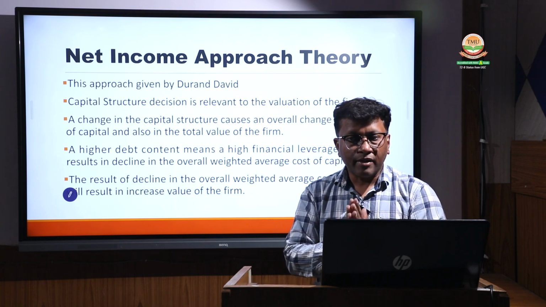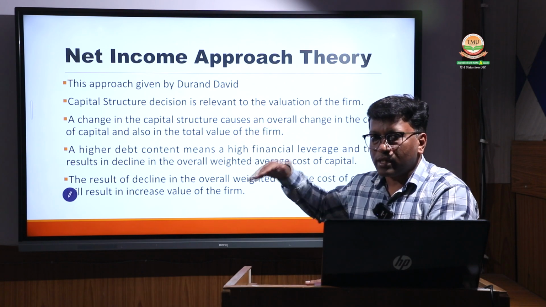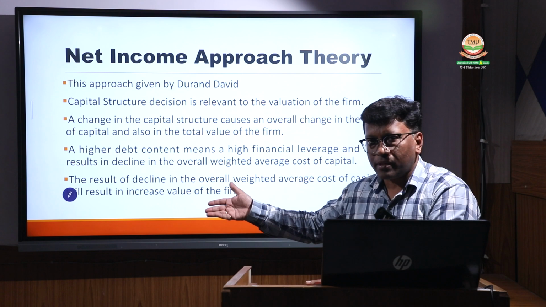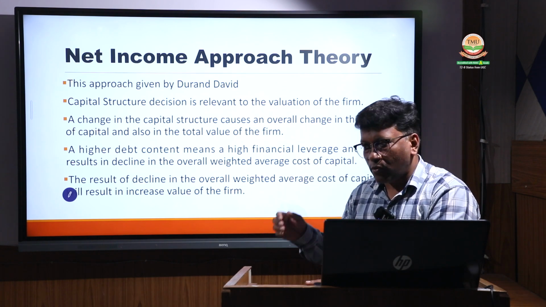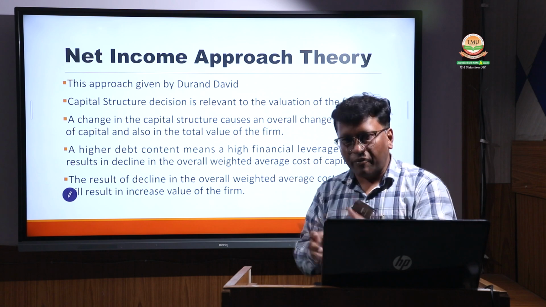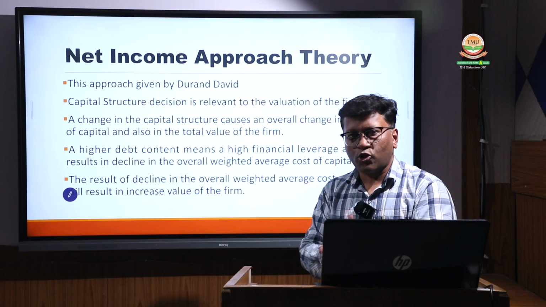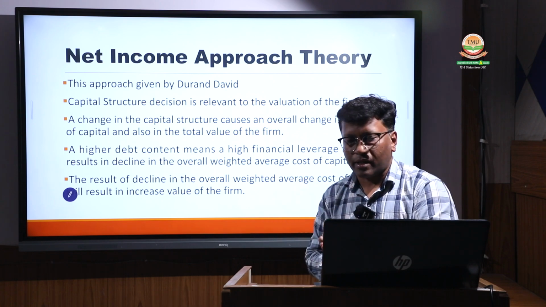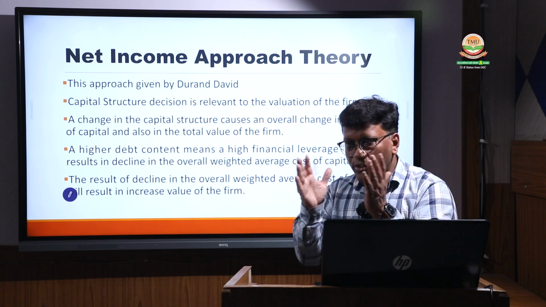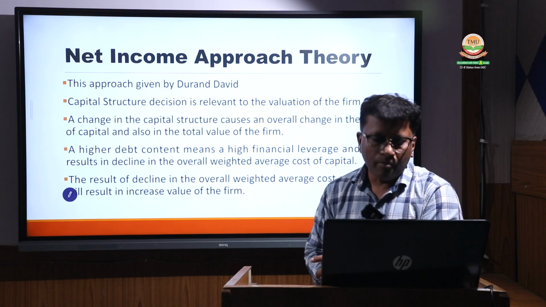This net income approach emphasizes that a finance manager should consider the ratio between the debt capital and the equity capital. They should issue both kinds of capital in the market so that there is a reduced cost of capital as well as an increased value of the firm.